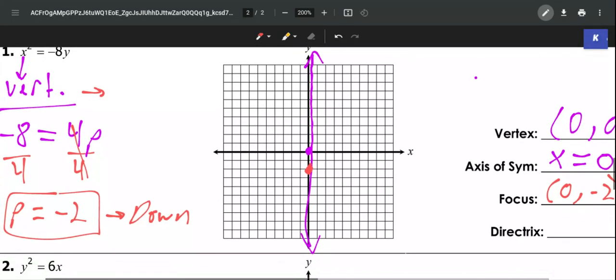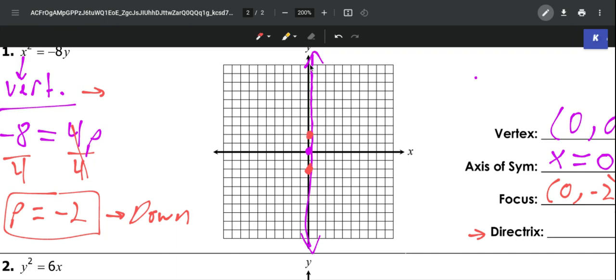And then the directrix is just 2 units in the opposite direction. So if we went down 2 for our focus, now we're going to start at our vertex and go up 2. So it would be right here. And that would be our directrix, which is always a line, not just a point. So for this part, you'll actually make the equation of a line. And if you remember, our directrix is always perpendicular to our axis of symmetry.